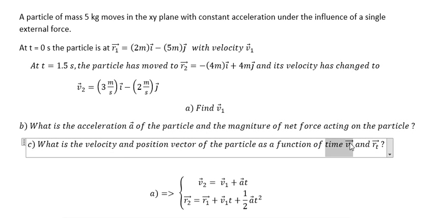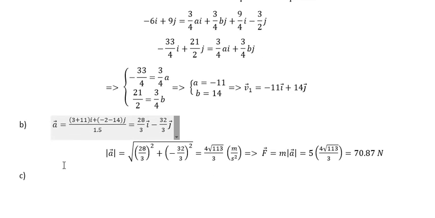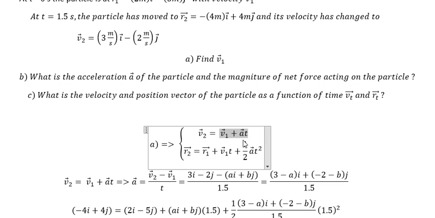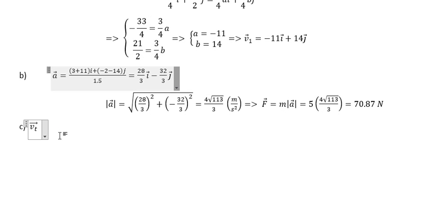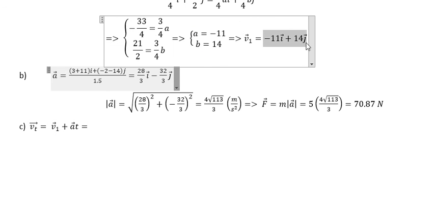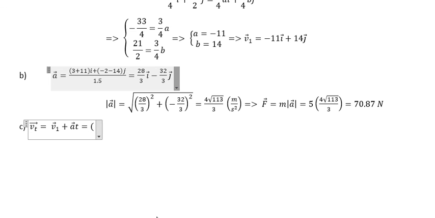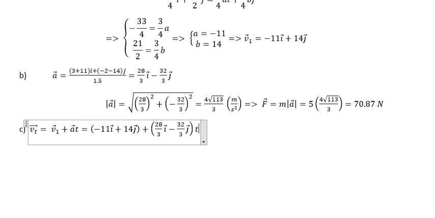So I go to v(t). For v(t), we use the same formula: v1, which we just calculated, and vector a, and we put t. So now we can find v(t) in i and j.